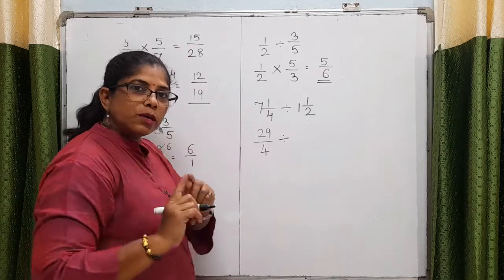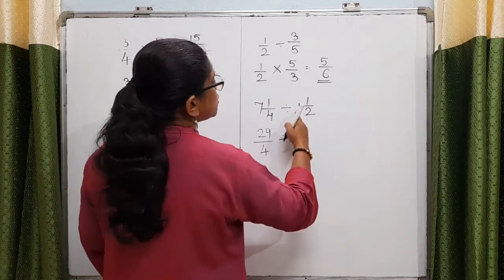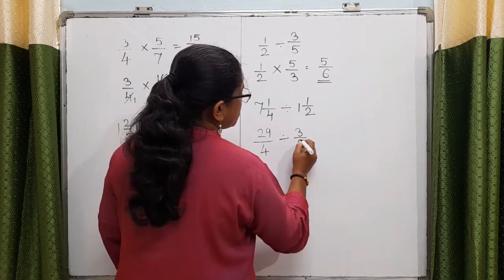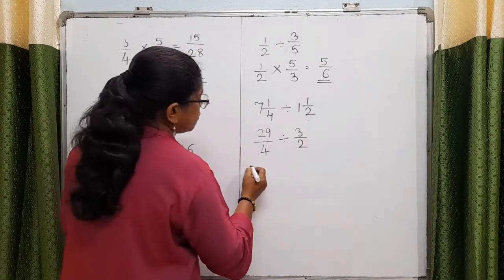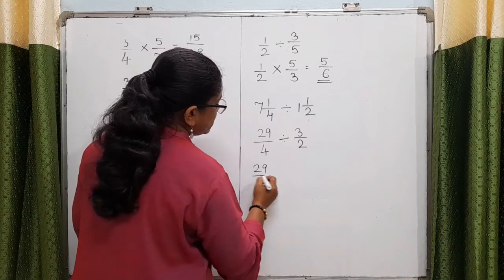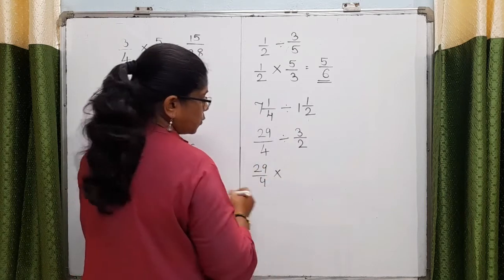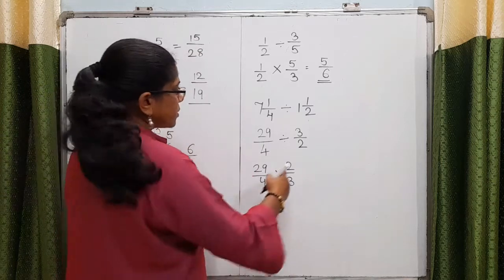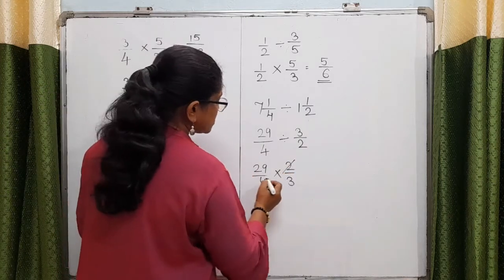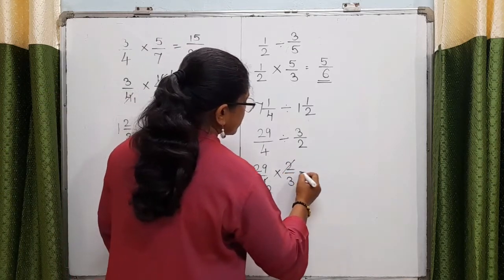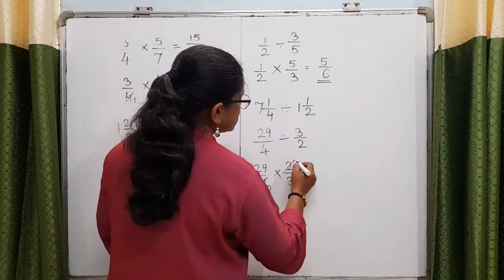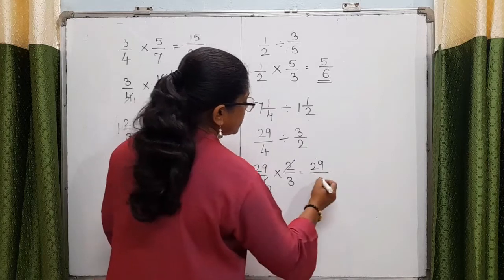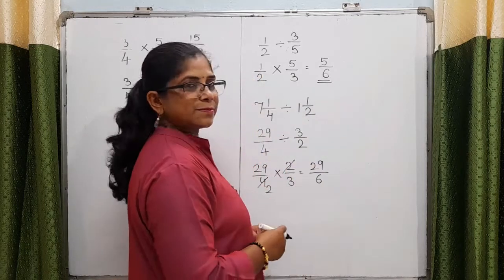First we will convert only mixed to improper. 2 into 1, 2 plus 1, 3. 3 upon 2. Now what we have to do? 29 upon 4 into reciprocal of this, 2 upon 3. Now here we can cancel this. 2 ones are 2, 2 twos are 4. 29 into 1 is 29. 2 into 3 is 6.